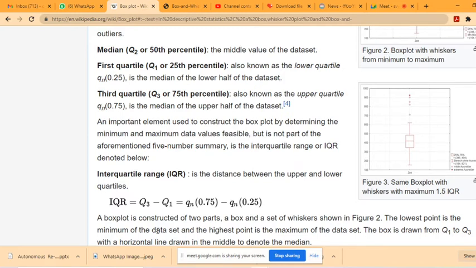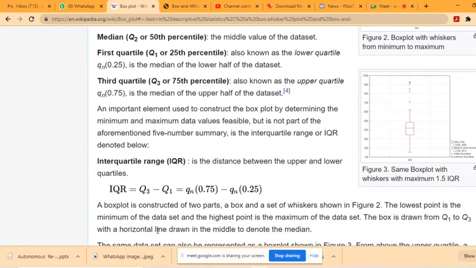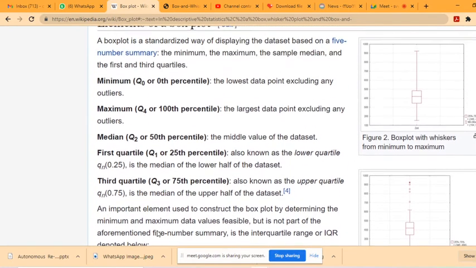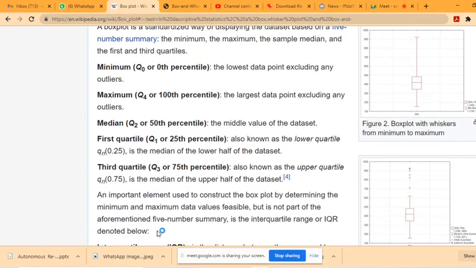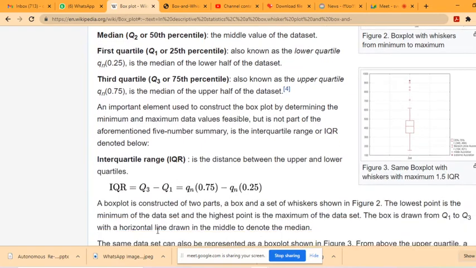Third quartile Q3 is the point below which we will have 75% of the observations of the available data, and after that point we will have 25% of the observations. So we have Q0, Q4, the first and last values, the middle value, the 25th percentile value, and the 75th percentile value.